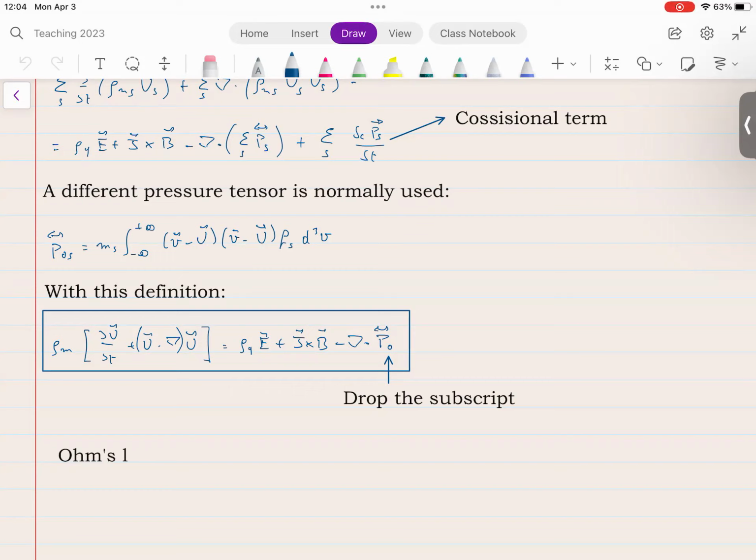The more, well, actually, both the Ohm's law and the closure could take some thinking and discussing. But the Ohm's law that you typically find is a pretty simple form.